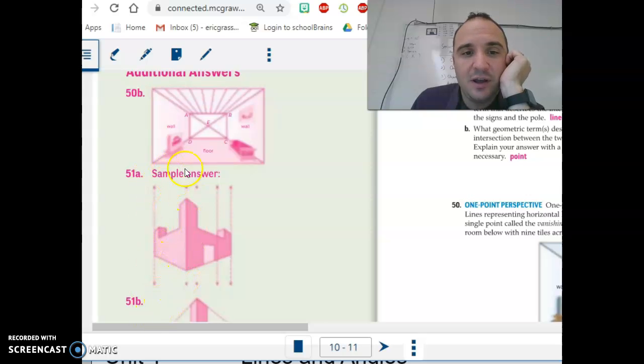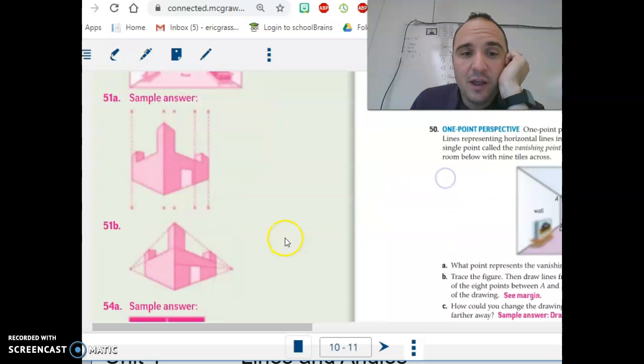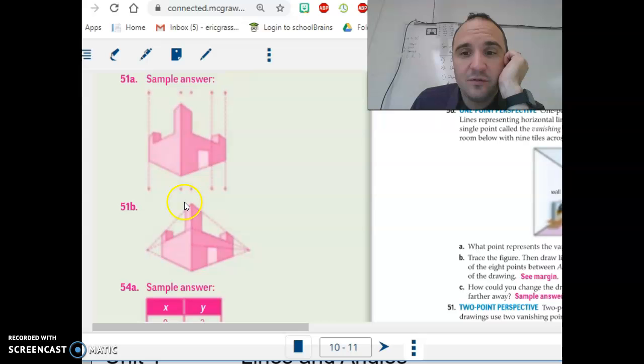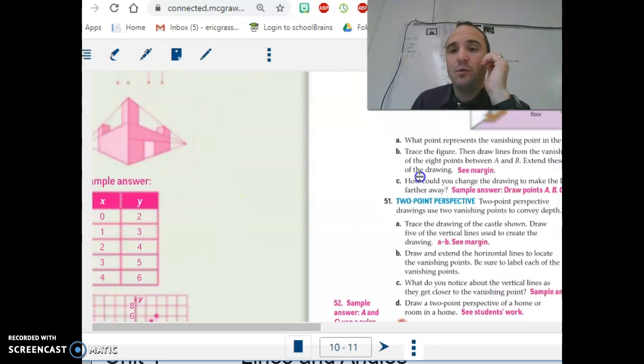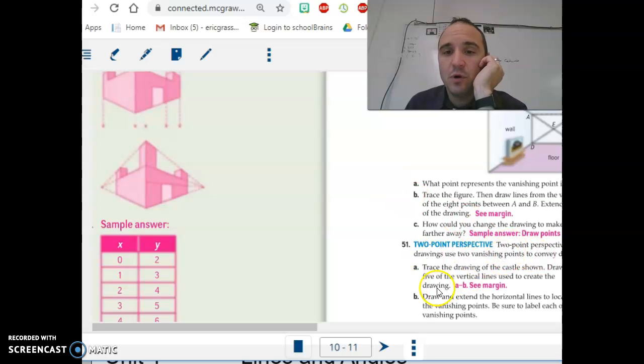These are lines that they'll be asking you for because every shape has lines based around it. The typical question would be like number 51. It says trace the drawing of the castle shown. Draw 5 vertical lines. That's another good example of a way to use lines.